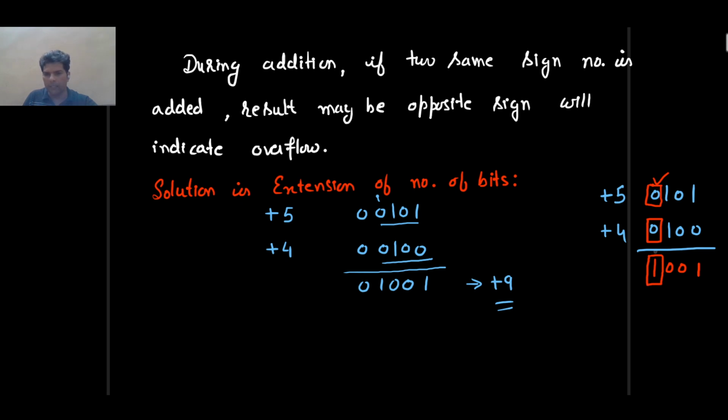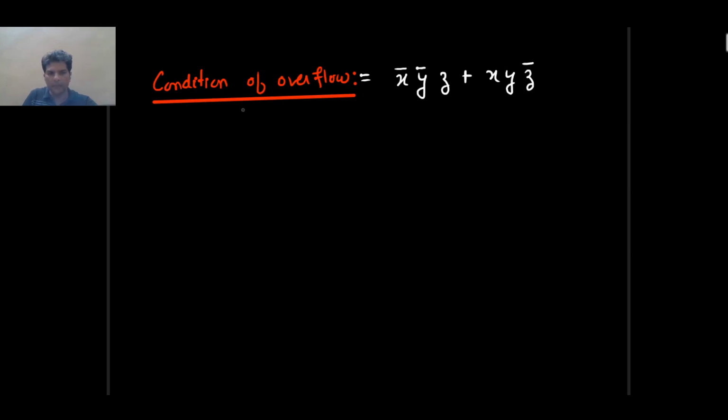I am explaining in detail one more time. Now you see this one. This is the condition of the overflow. So here, what are x, y and z?